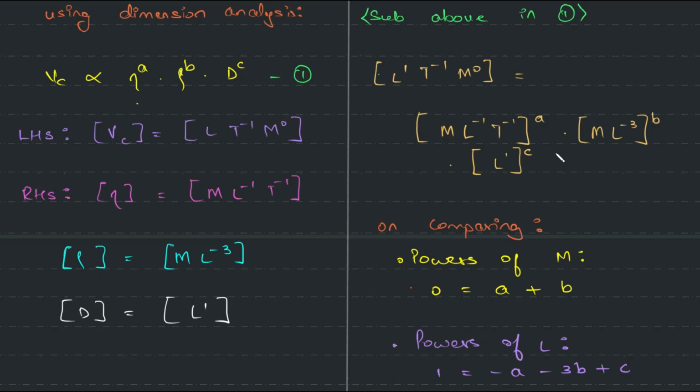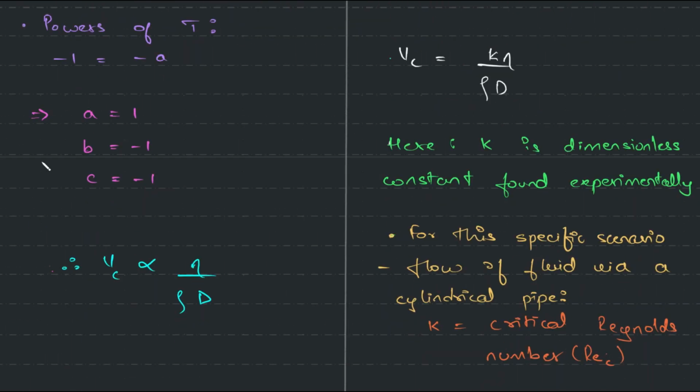With that understanding, we went on to use dimensional analysis, and we found the values of A, B, and C. And it reflects our commonsensical stuff. Of course, when we remove the proportional symbol, we get a constant, and in this case it has to be dimensionless. It's found through experiment. I have given you guys a specific scenario; you just have to know this.